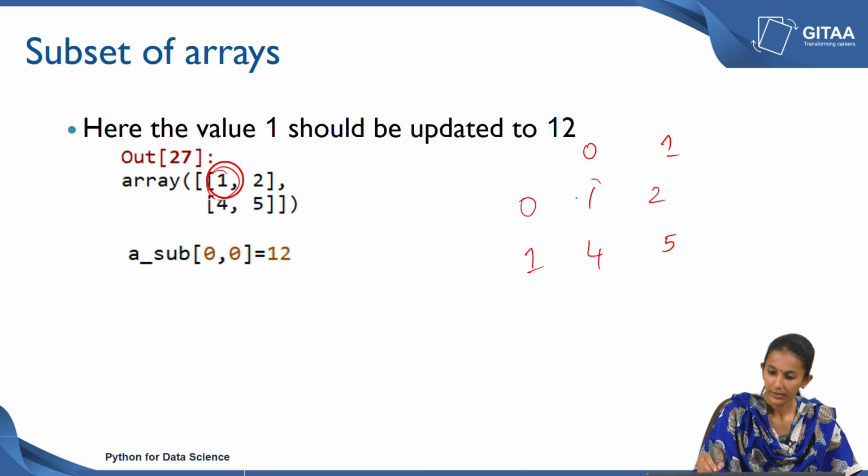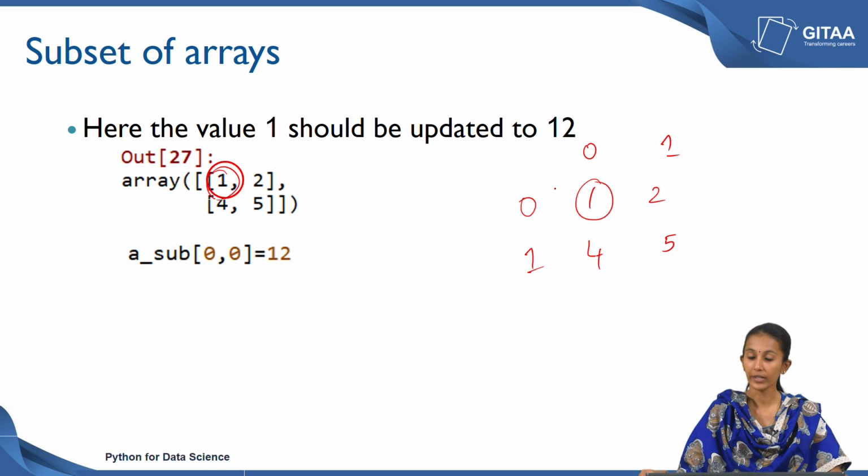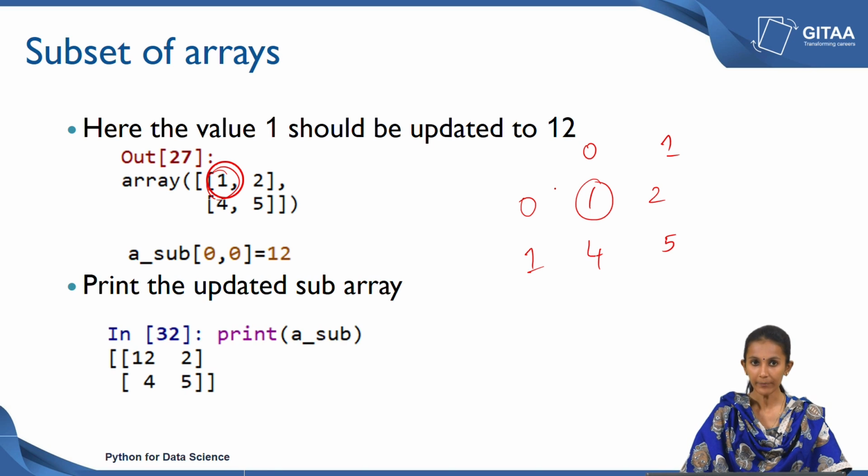For this 1, if you wanted to change the value, the corresponding index position is 0, 0, right. So, a_sub[0, 0] and I am assigning the value 12. When we print the updated sub array, it will be 12, 2, 4 and 5. So, 1 has been modified to 12.